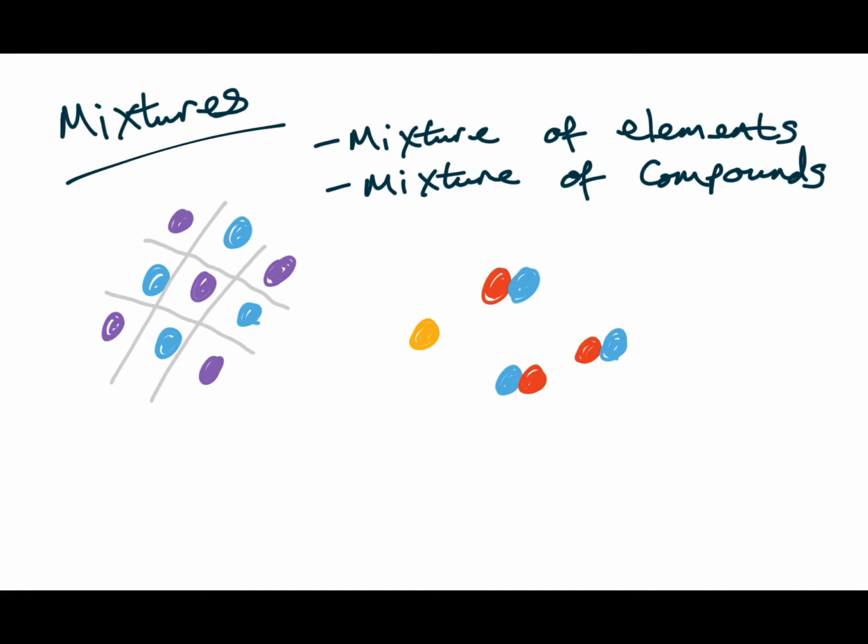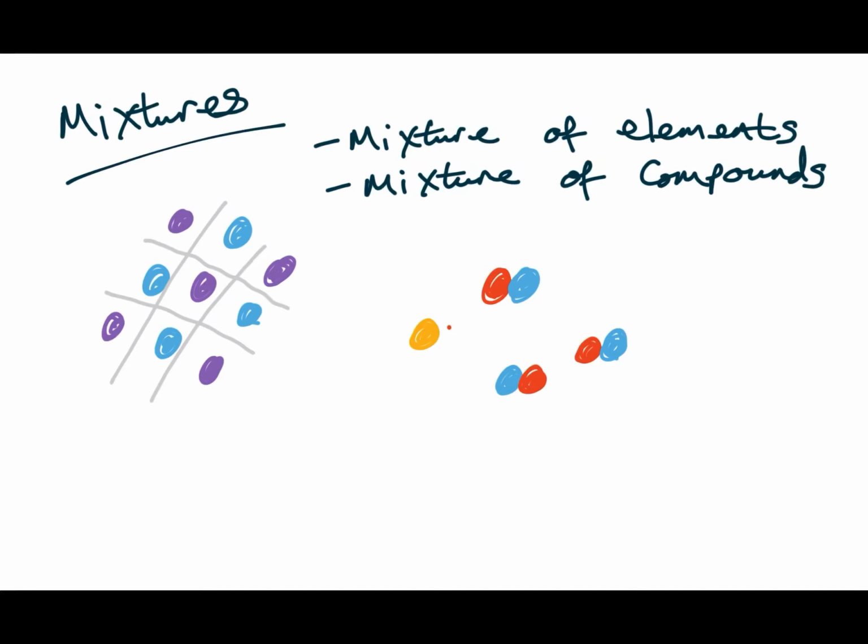Now if I add this into the mix, you can see that I've got a mixture. I have different types of compounds, and these could be separated without chemical means. So here I've got another example of a mixture. Sometimes you can have a mixture of more than two different compounds. So for example, if I add this one on here, suddenly I've got a mixture of 3 different compounds.